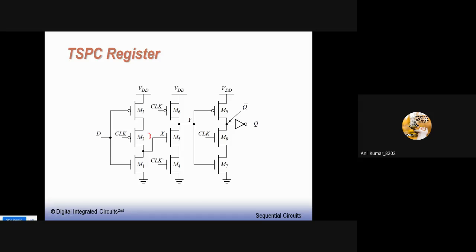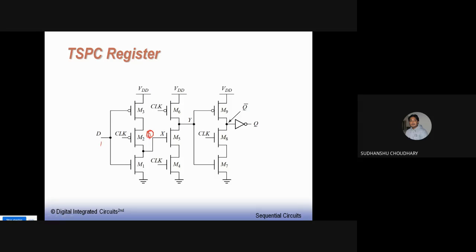No, sir, I want to ask, if D is 1, then M5 is connected with M1. So are M5 and M6 ratioed or not in this case? If they are not ratioed, then both try to write on Y. Can you repeat? D is 1 and clock is 0. So here 0 comes in.